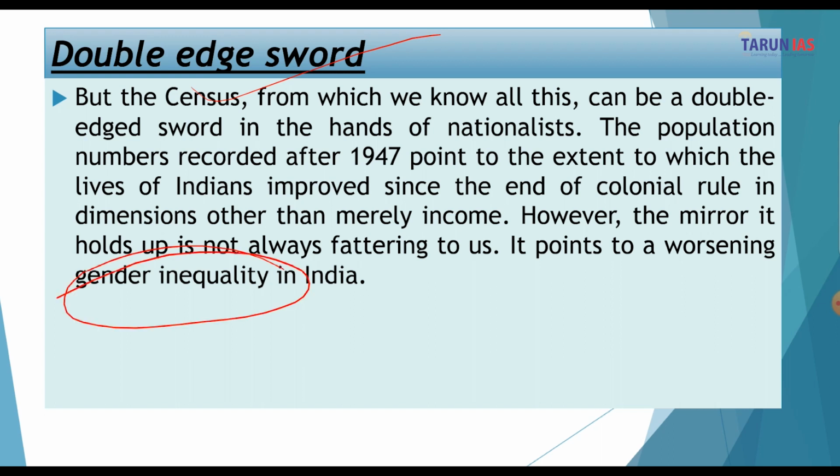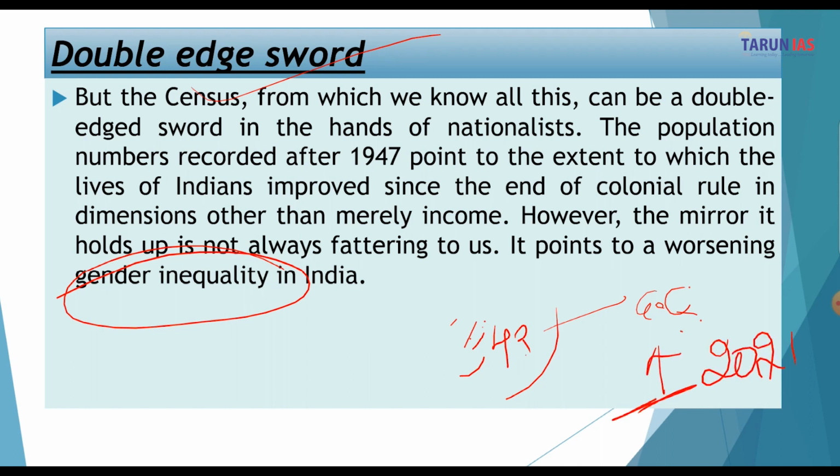If we look at the conditions of gender inequality, it has progressively worsened. It currently stands at 943, if I am not wrong, and it varies from region to region. And according to the economic census, it has in fact increased in the year 2021. So this is the first fact that the writer points towards.